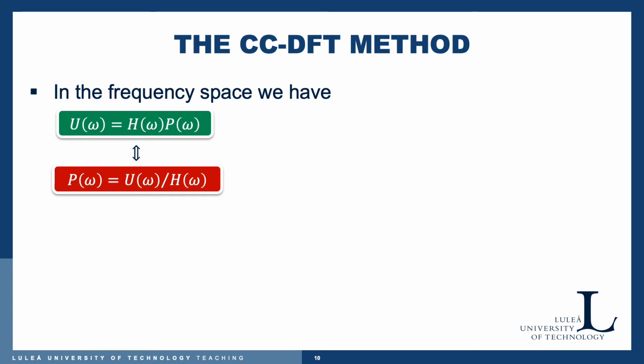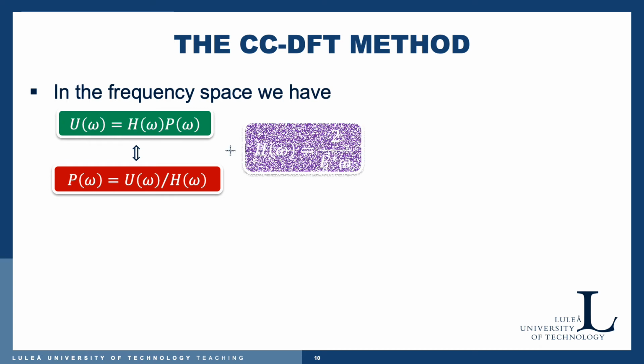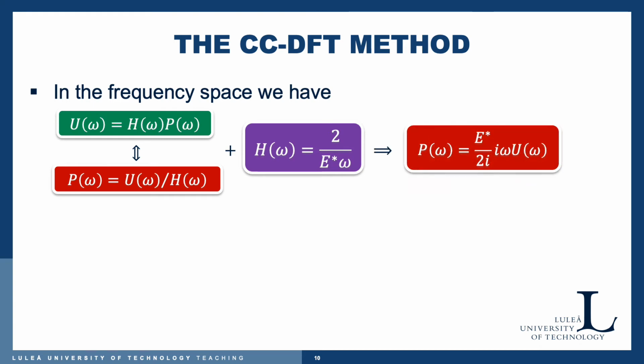Knowing this, and that H is exactly represented by 2 over E star times omega, we understand that p must be proportional to the frequency.